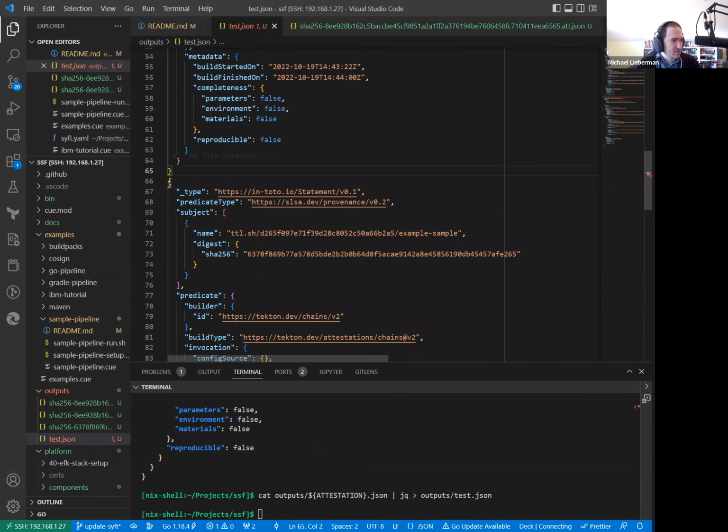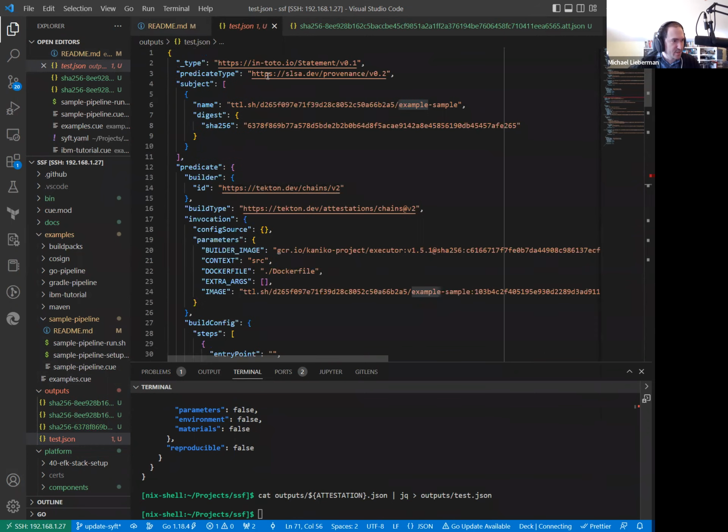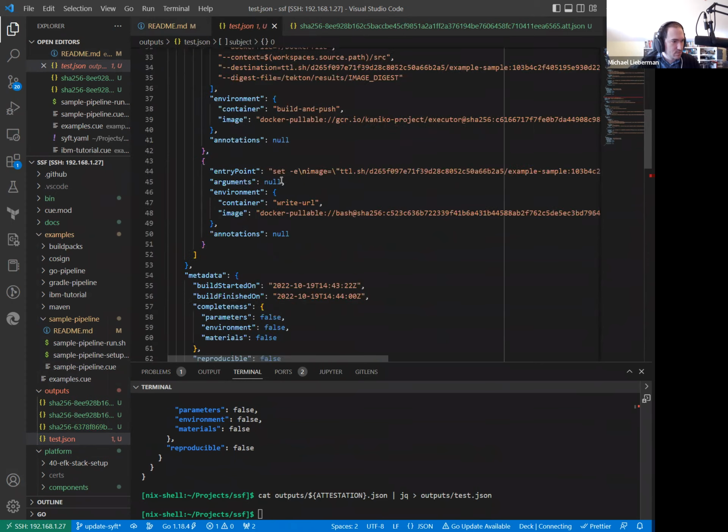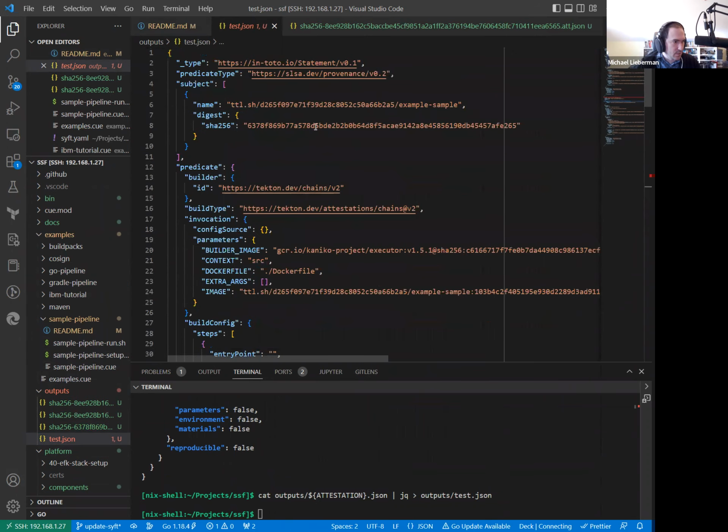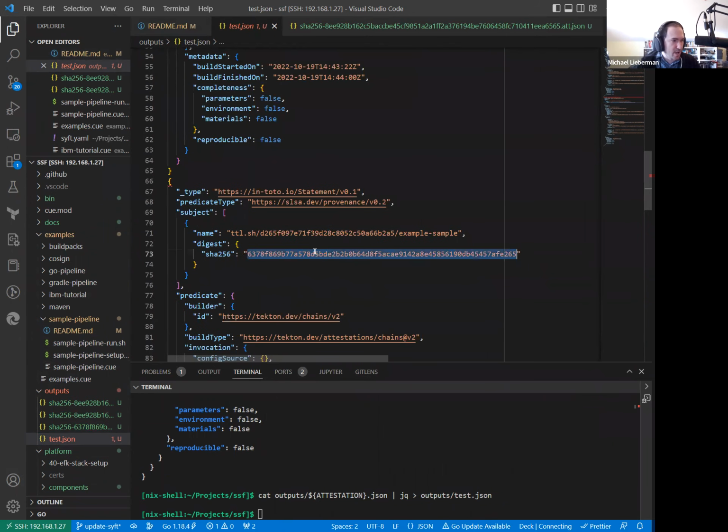So you see right here, there is a second thing. Both of these have the same repo and digest.